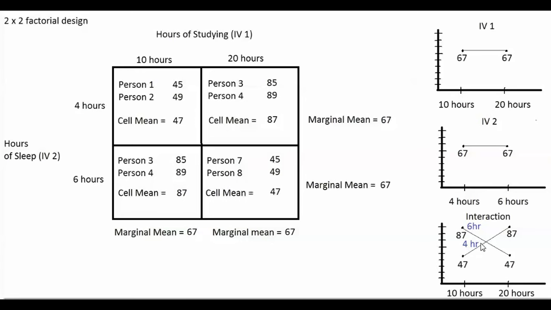If we got this outcome, it would suggest that if you've only had 4 hours of sleep, doing more studying will help you, but if you've had 6 hours of sleep, doing more studying will actually hurt you on the exam. It would be really strange to get this type of outcome in our data set, and I don't think I would expect this type of outcome in this study, but I just wanted to show it to you to give you an example of a data set with an interaction but no main effects.